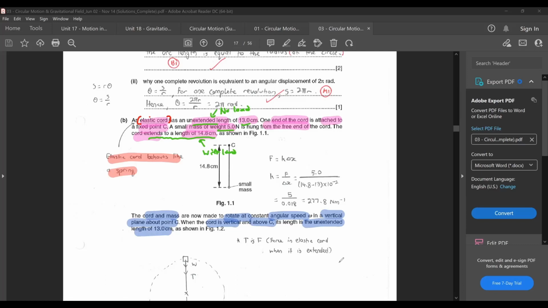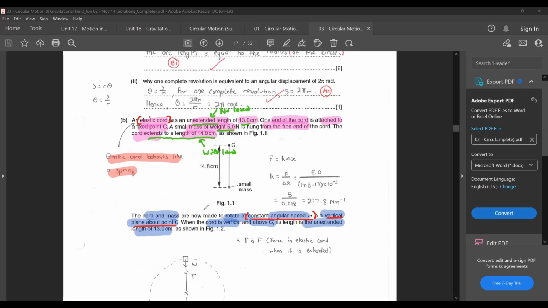The speed at the bottom will usually be higher than the one at the top. But here, they've specifically highlighted that you have constant angular speed when you swing the cord in a vertical circle. So they've already specifically mentioned you are moving with constant speed.